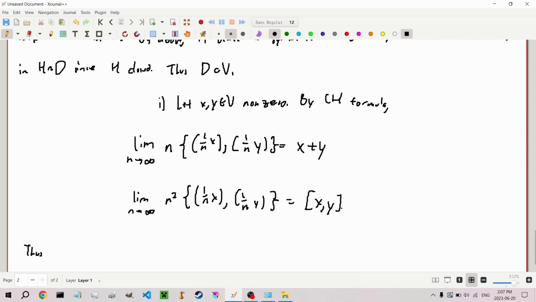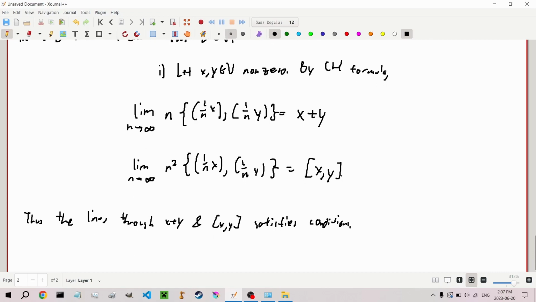Thus, the lines through x plus y and x bracket y satisfy the desired conditions.